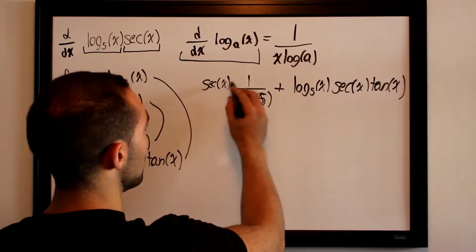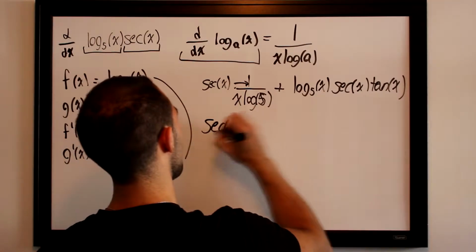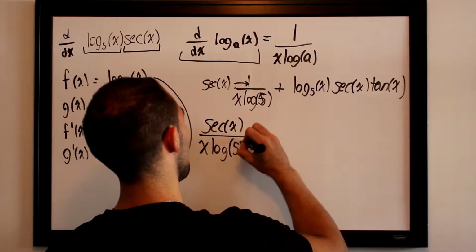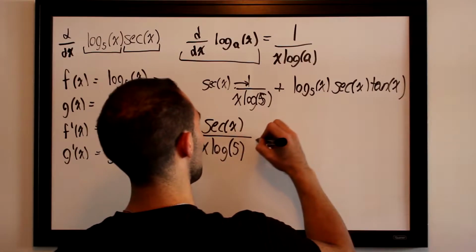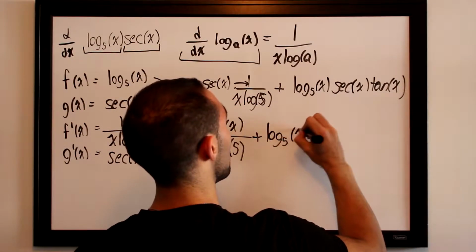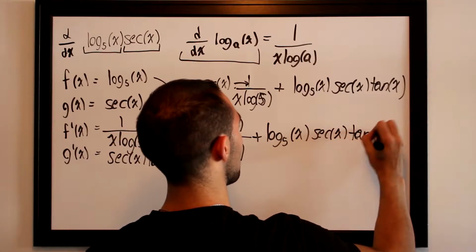Now we can drag this into the numerator. This will leave us with secant of x over x log of 5, plus log base 5 of x times secant x tangent of x.